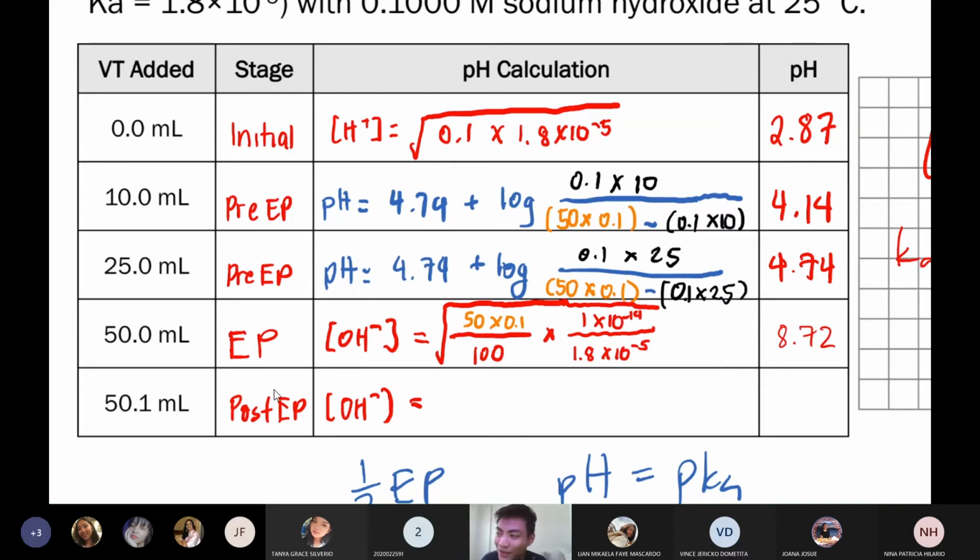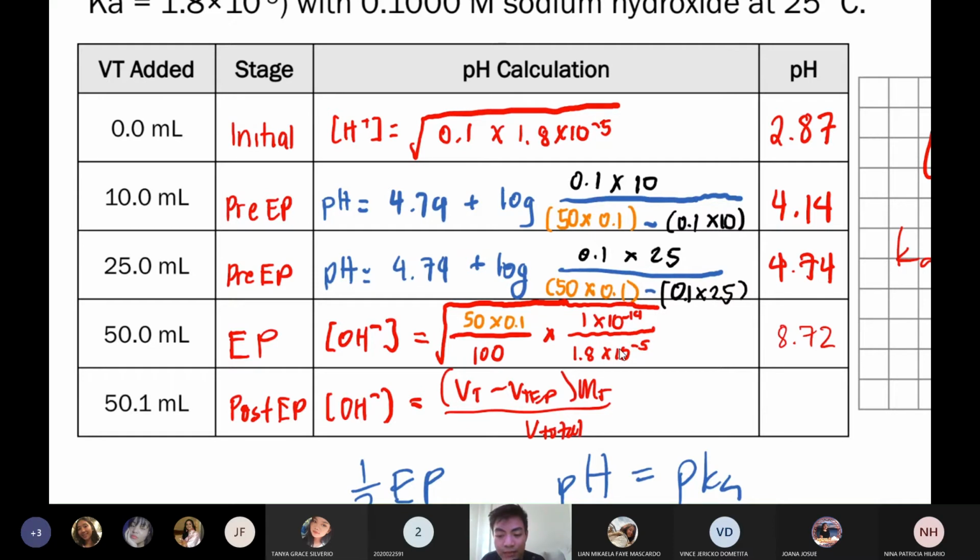Okay. Post-equivalence point. Sabi natin, the pH is contributed by the excess base. So, the equation here is MTVT minus MAVA divided by V total. However, I want you to use the new equation that I mentioned. That's VT minus VTEP times the MT divided by the V total.